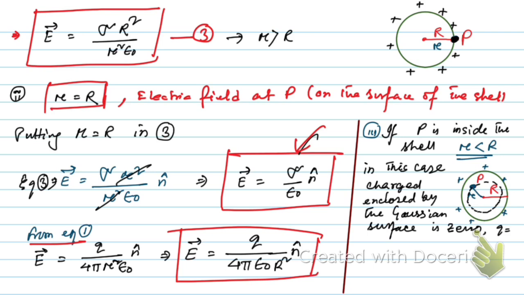That means Q is equal to 0 here in this case, right? So therefore we can write electric field at P is equal to 0, because if you put 0 here, then this expression becomes 0. Okay, so for the third case, if the P is inside the shell, the field is zero.